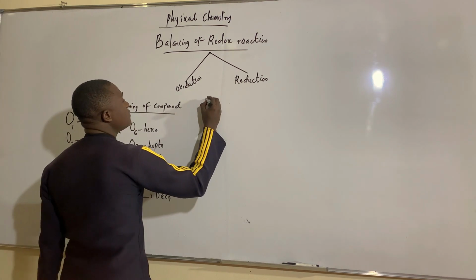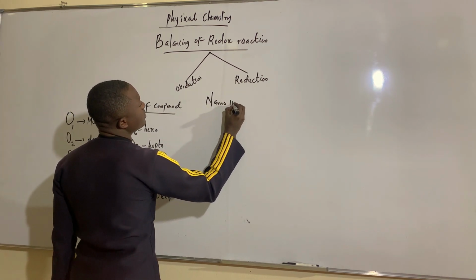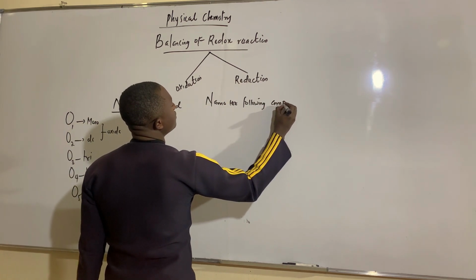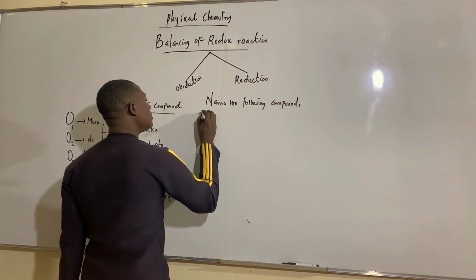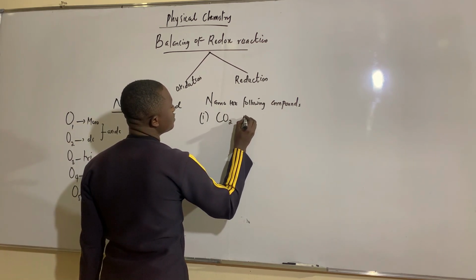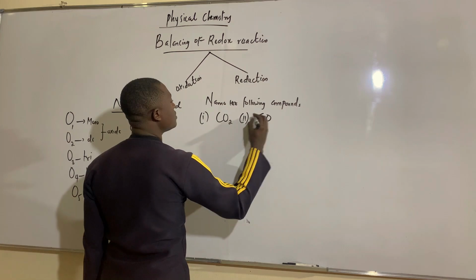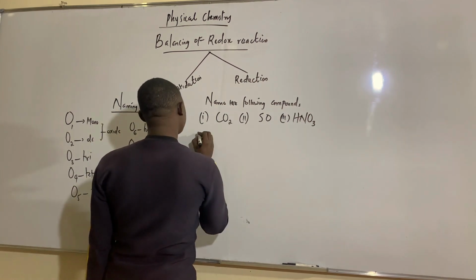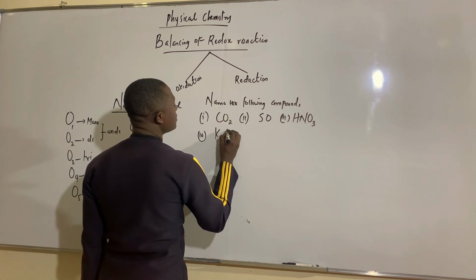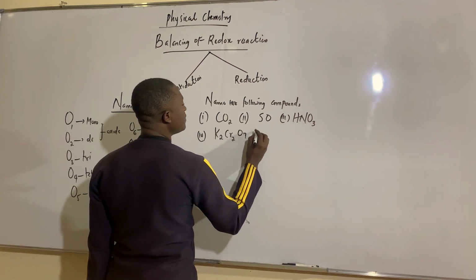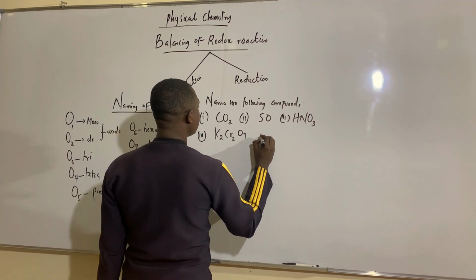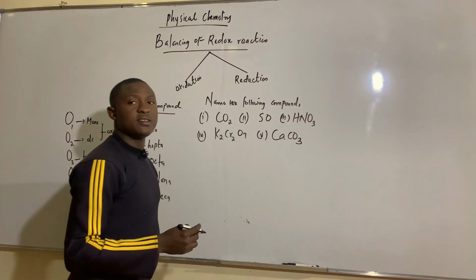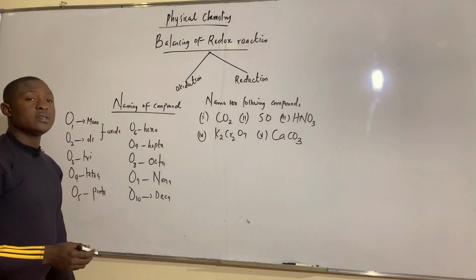Name the following compounds. 1, CO2. 2, let's say XO. 3, HNO3. 4, K2Cr2O7. 5, let's say we have CaCO3.